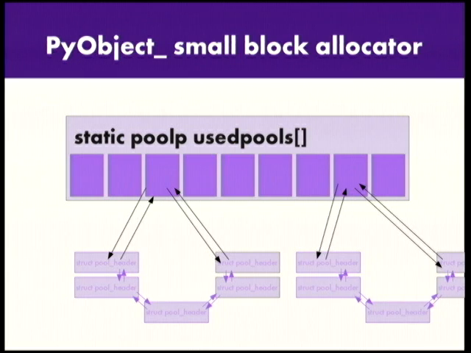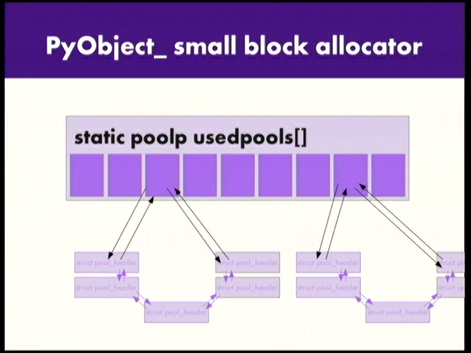The small block allocator takes the allocation you asked for, rounds it up to the next 8 bytes, shifts it right a little bit, and uses that as an index into this array, and then looks to see if there is anybody in the circularly linked list besides the header that's in the pools. And if there is, then it must have free memory. If there isn't, then it goes and tries to get a new pool. If there are no pools available, it allocates a new arena. If there are no arenas available, it tries to allocate a new one. If malloc fails, then you're out of memory and your world ends.